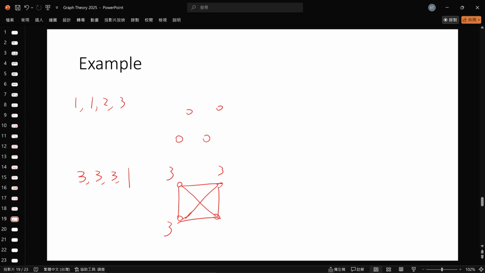So you can see that the remaining bottom right vertex must have a degree of 3. So we cannot have this type of degree sequence, okay? So again, this one is impossible.